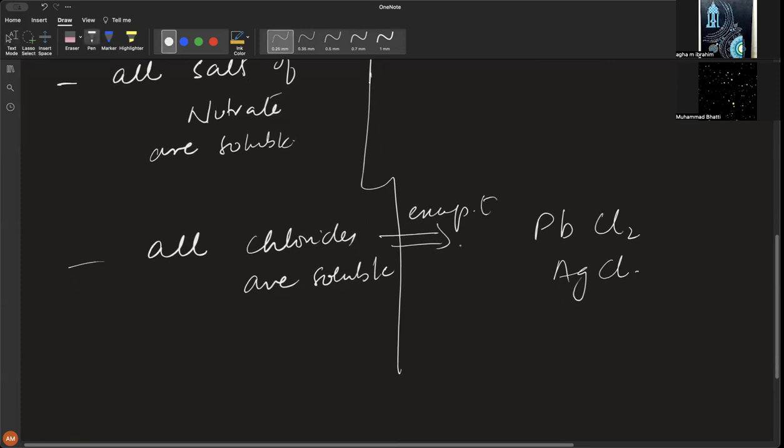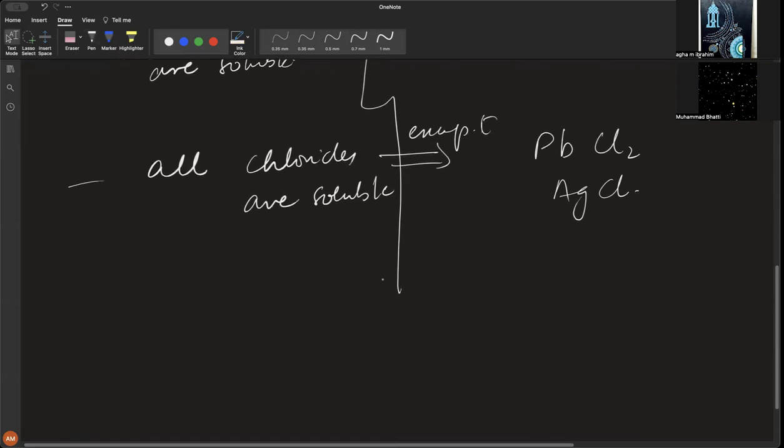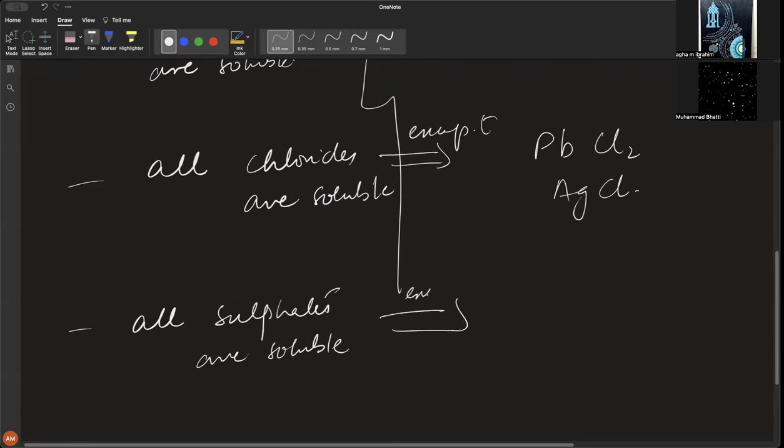Then we say all sulfates are soluble, except barium sulfate, calcium sulfate, and lead sulfate, PbSO4. You get it?